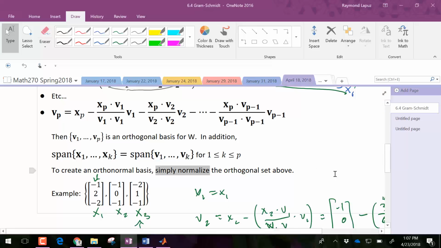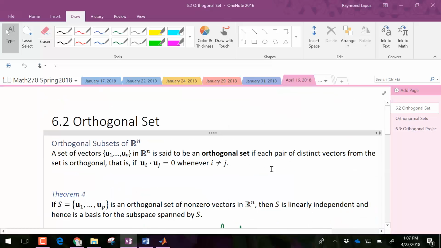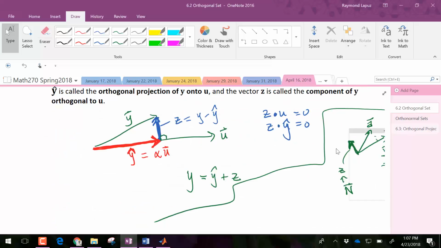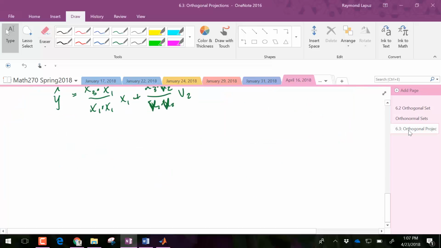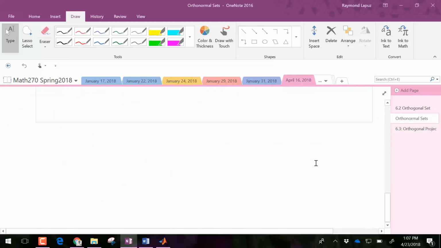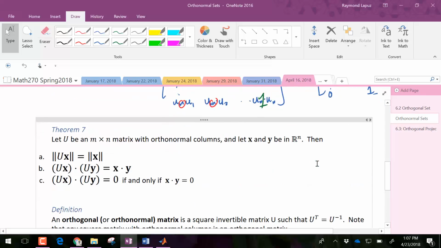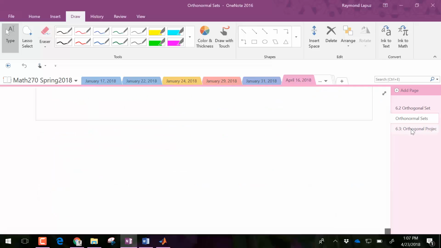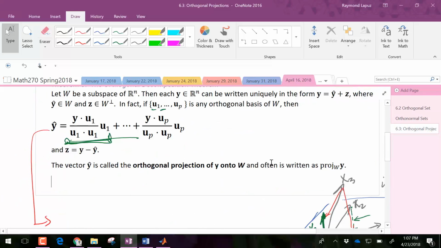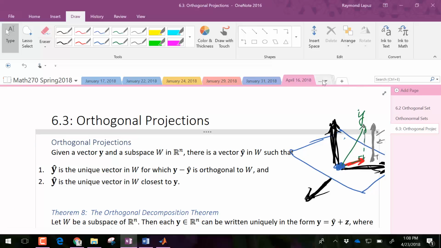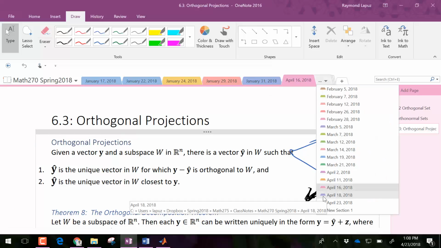Can't seem to find it. Is it here? No, that's the Gram-Schmidt. That would be the time before. Orthogonal sets. Orthogonal projection. We went over a theorem called the best approximation or least squares or something like that.